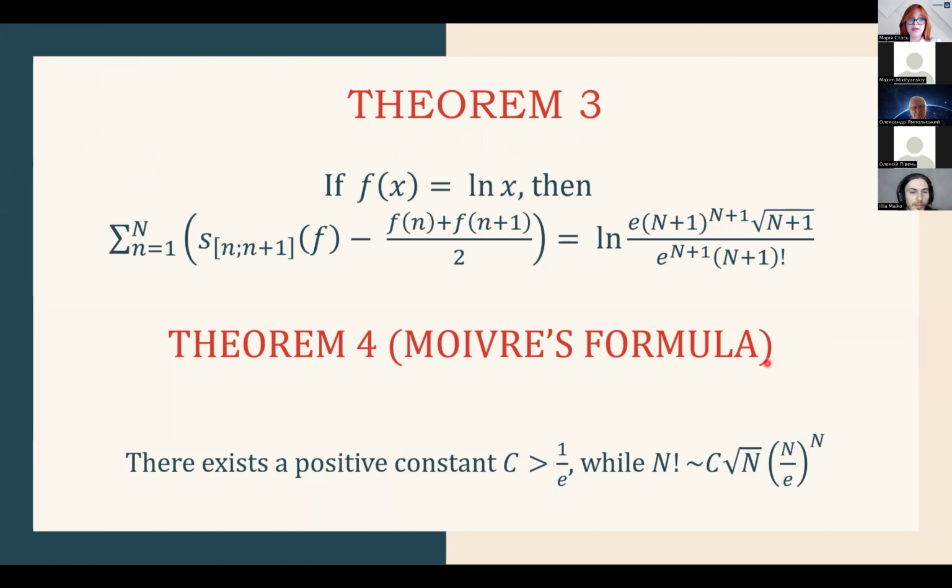Theorem 3. If the function f of x is equal to logarithm, then the sum from 1 to n of the square of the last rectangle minus the average area of the last two functions is equal to the logarithm of e multiplied by n plus 1 to the degree of n plus 1 and the square root of n plus 1, all divided by e to the degree n plus 1 and multiplied by n plus 1 factorial.